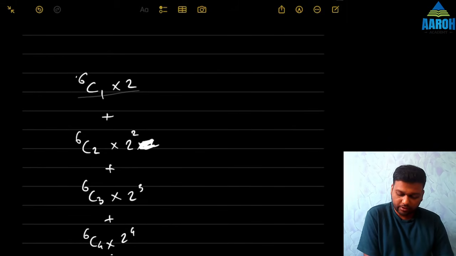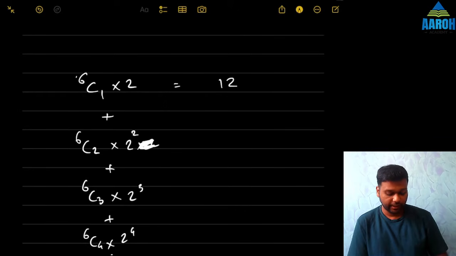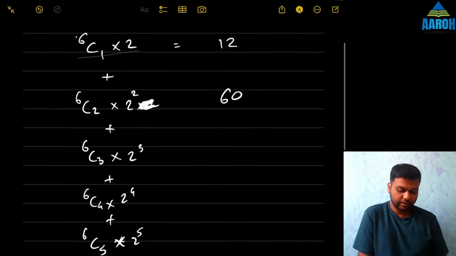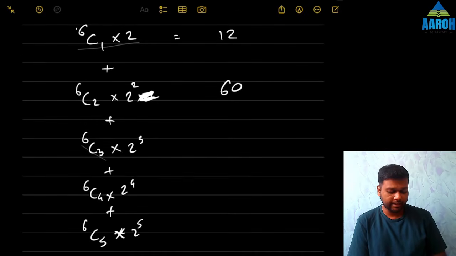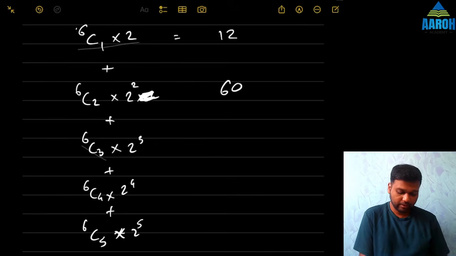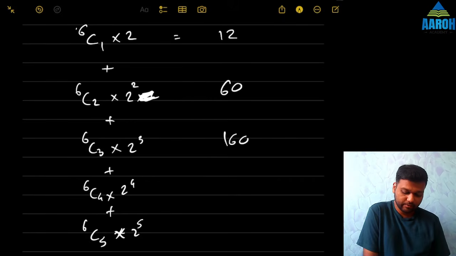6C1 into 2 is 12. Then 6C2 is 6 into 5 divided by 2, into 2 square is 4, so 60. You can do m plus at each stage, right? 12 m plus 60 m plus, then 6 into 5 into 4 divided by 6, that is 20, into 2 cube is 8. So 160 m plus.